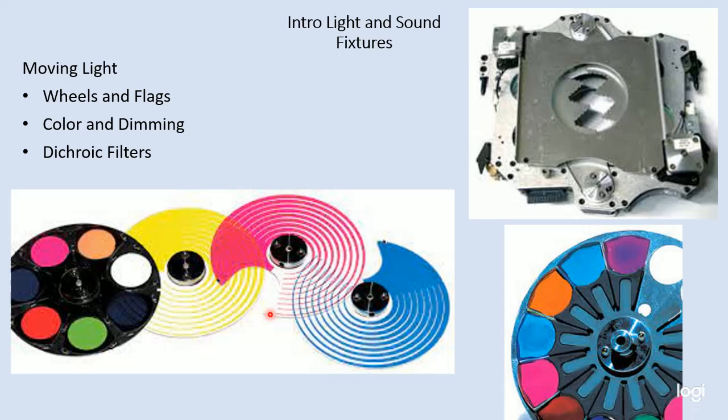And if we want no color, we're again in this open slot. And here's another look at another color wheel that might have 5 or 7 or 9 different colors on it. Just by spinning this wheel until the color aligns in that optical path, that's how we produce color in a moving light.